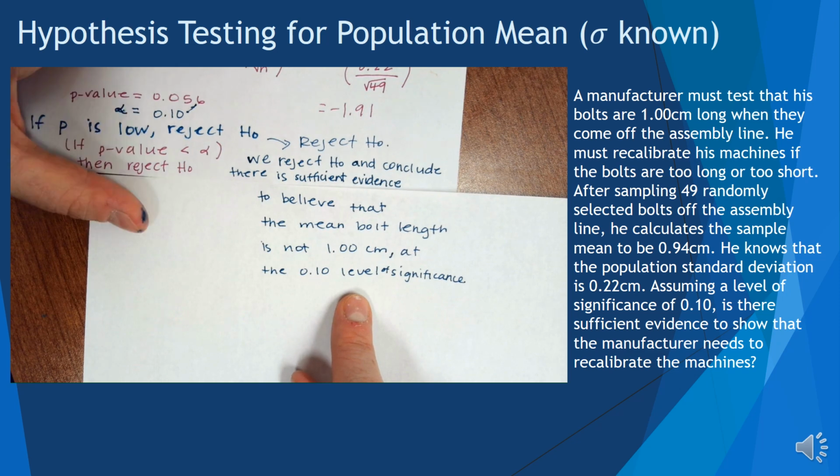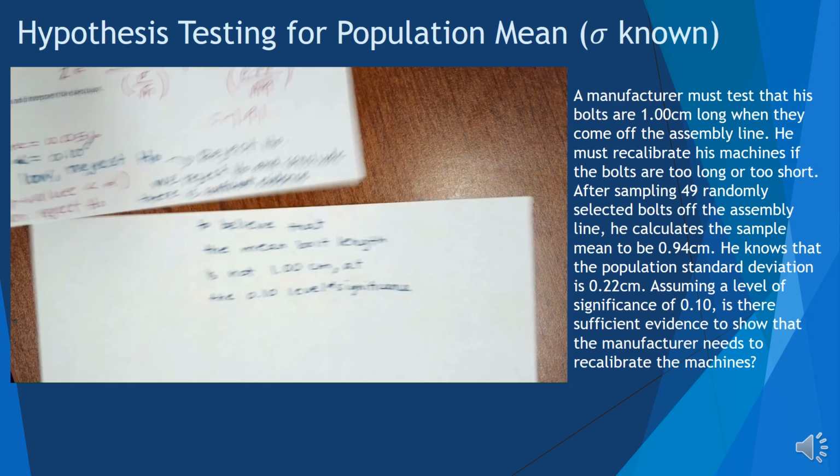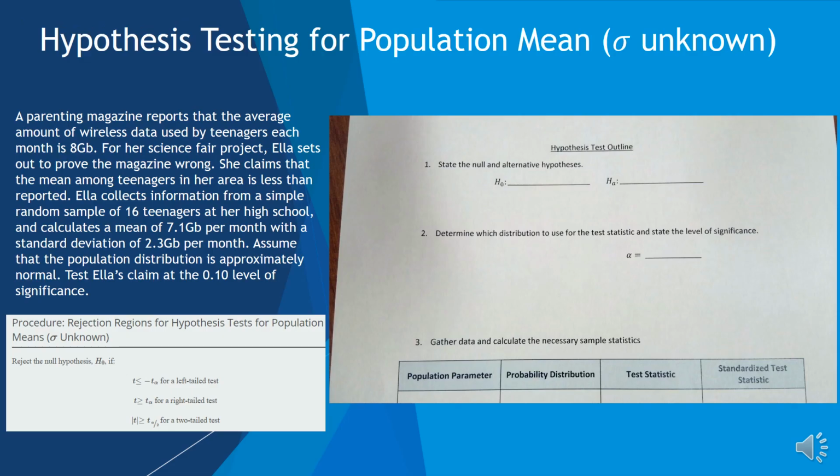Now let's look at another example, when we don't know the population standard deviation.